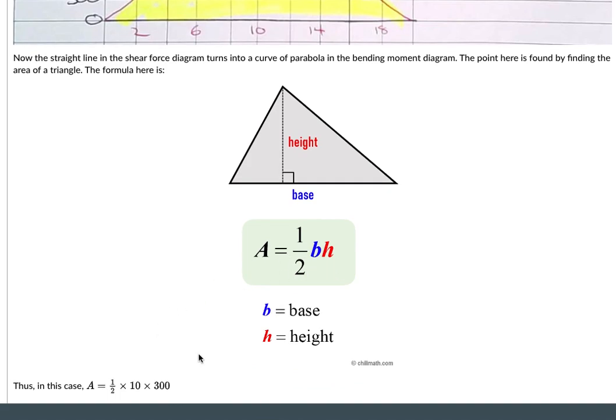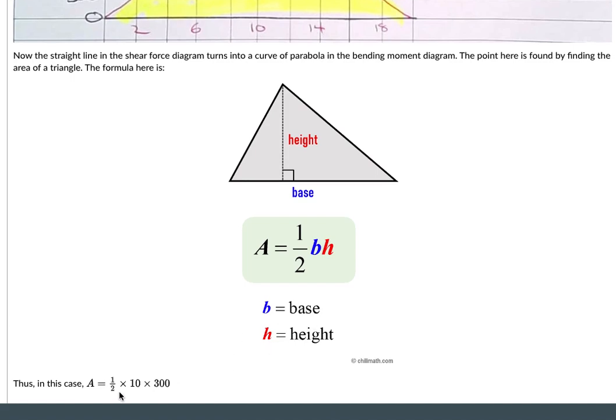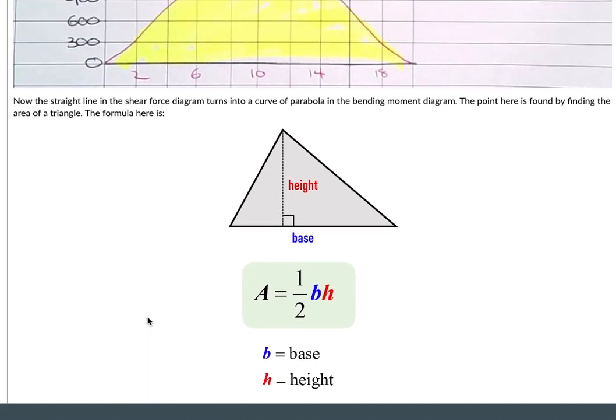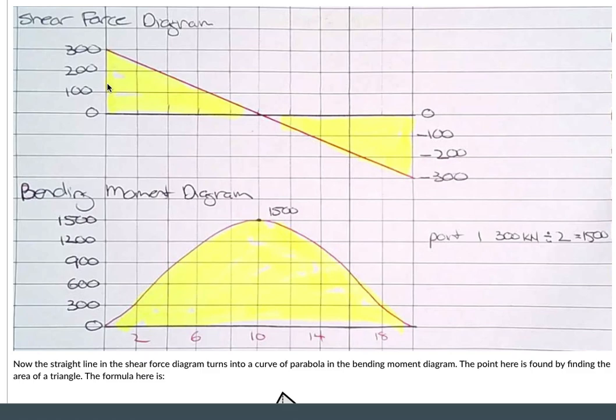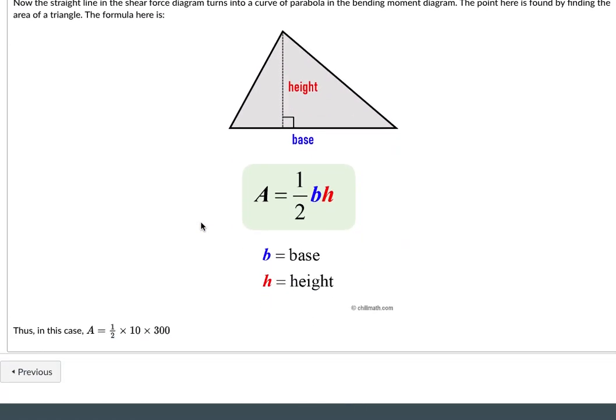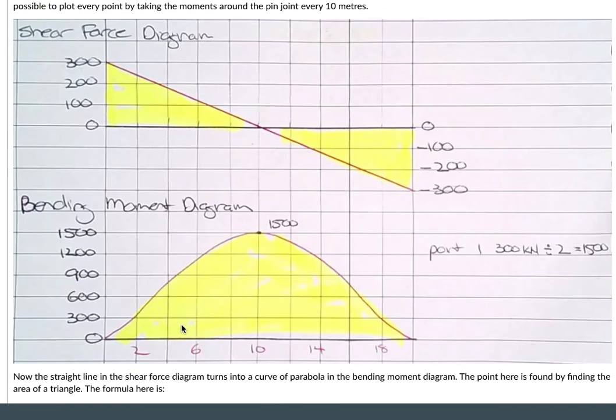And in this case here, we've got half multiplied by 10, which is this distance here, by height, 300, which then turns into 1500 newtons. Should have had an N there, 1500 newtons.